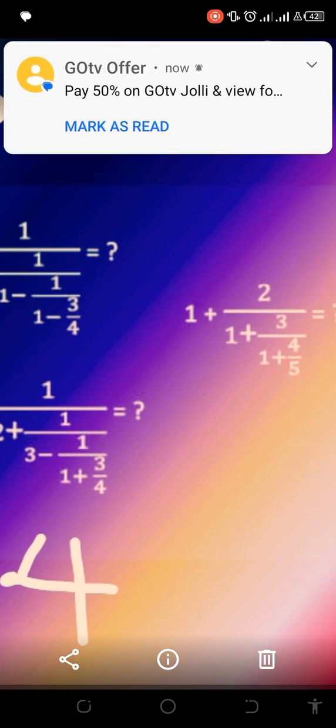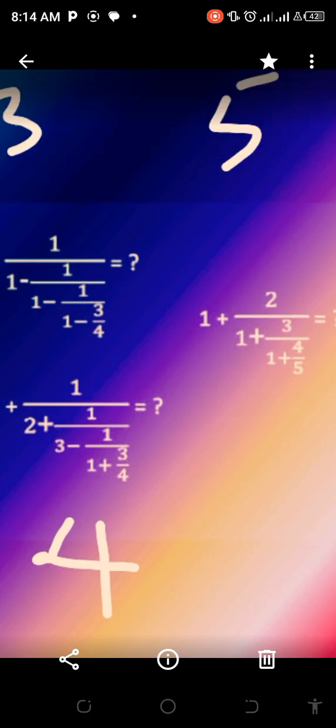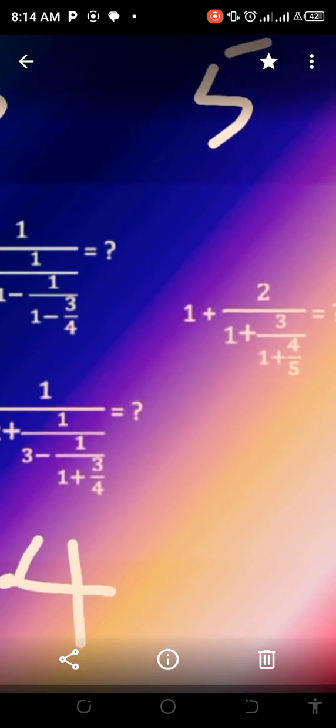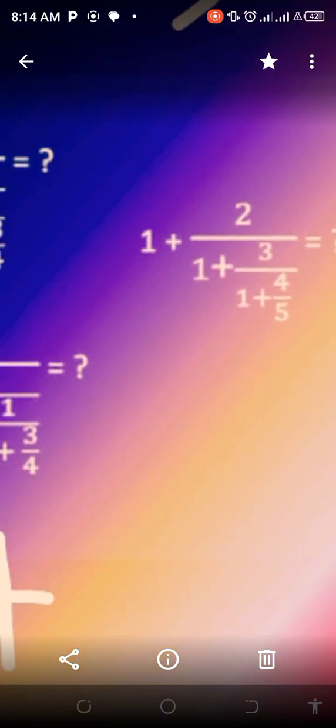Now we go to the third structure. The third structure, which is number 5 here, we also have a different structure. This one is a 3 ladder fraction, because your numbers are 1, 2, 3, 1, 2, 3, 1, 2, 3.